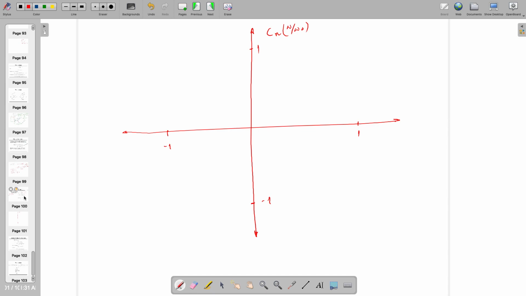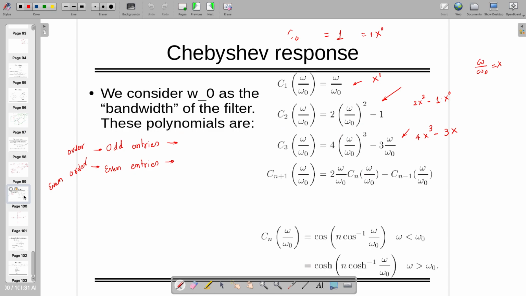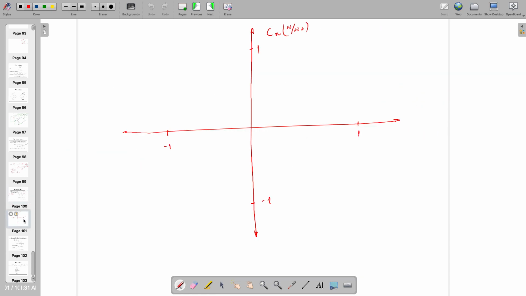So what is going to happen to C0 of omega by omega naught? This is always plus 1. So for any value of omega and omega naught, it's always 1. If it is C1 of omega by omega naught, which is equal to omega by omega naught, how will the function look? It's a linear function, right? Can you see? So it's a linear function.